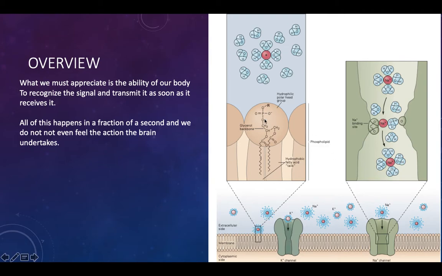This is a detailed structure of the plasma membrane, the fluid mosaic model, and this is the sodium ion. This is where sodium binds, and sodium can move inside, and potassium can move outside. These ion channels open up and close.